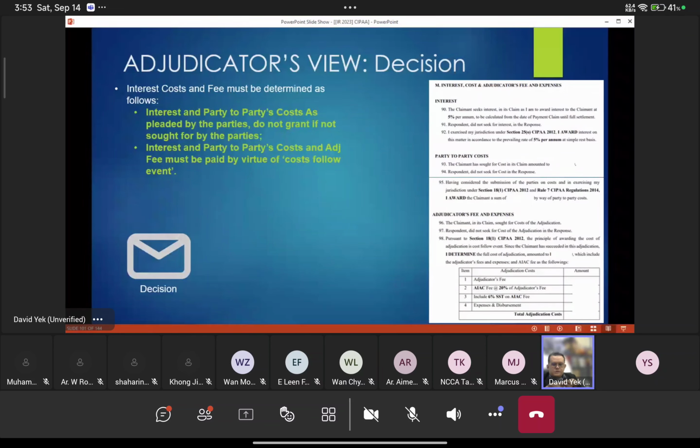If we say the interest is based on the Maybank interest rate, you have to show documentary proof that the interest actually accrued based on the Maybank base lending rate. If you fail to prove it, the adjudicator has the right to say these are all unfounded. I don't allow.